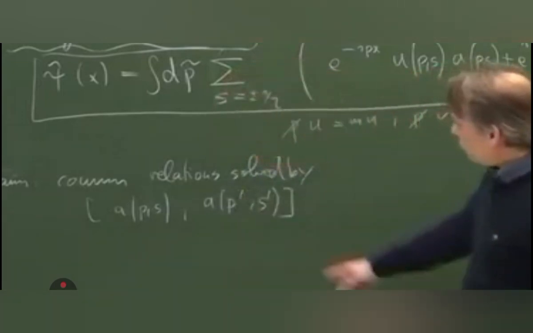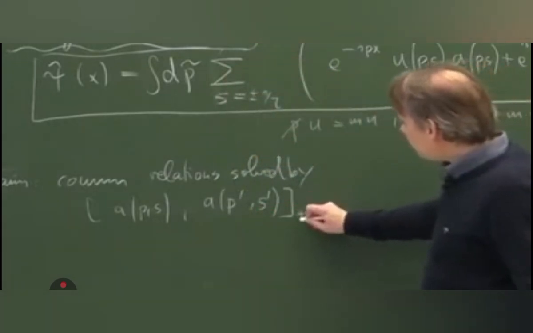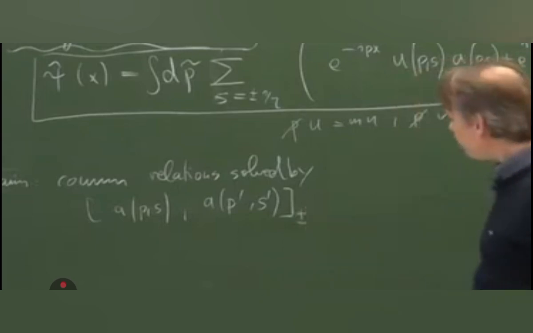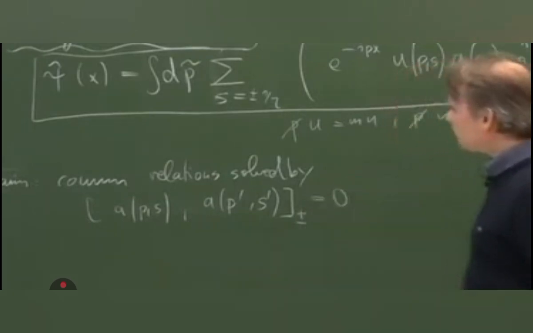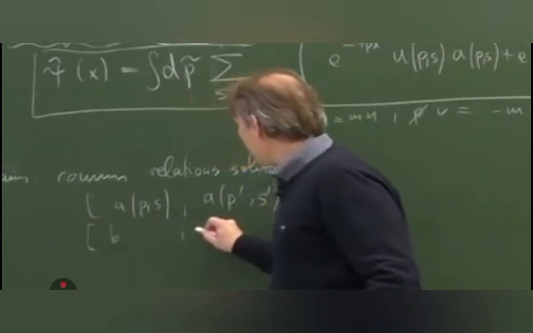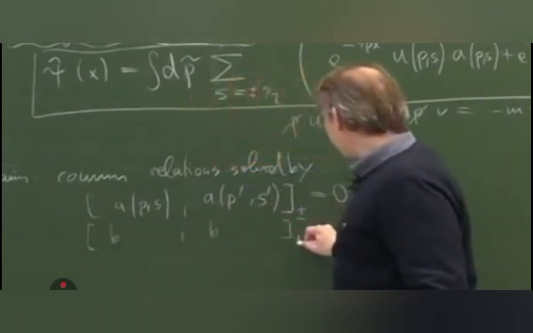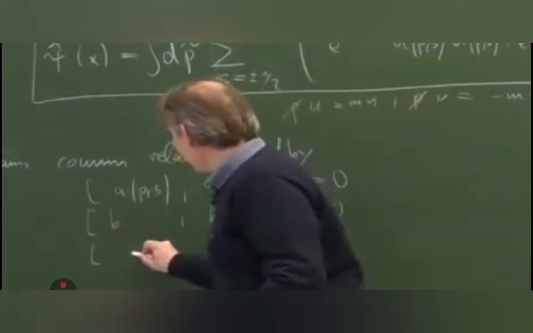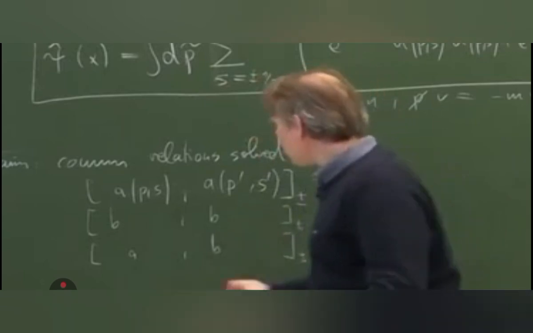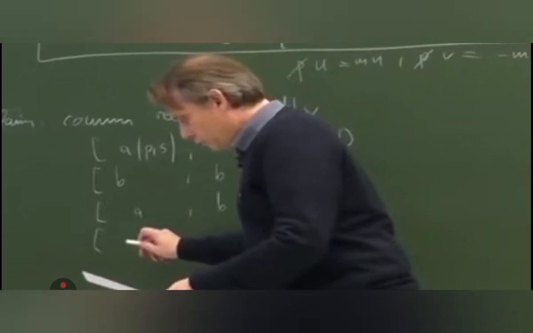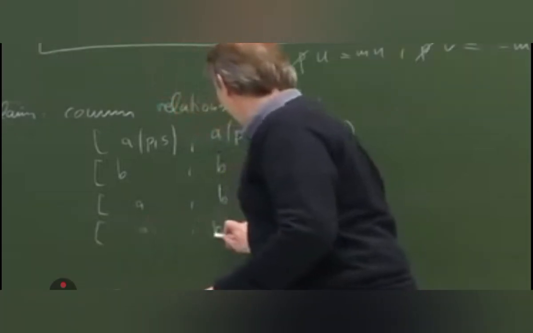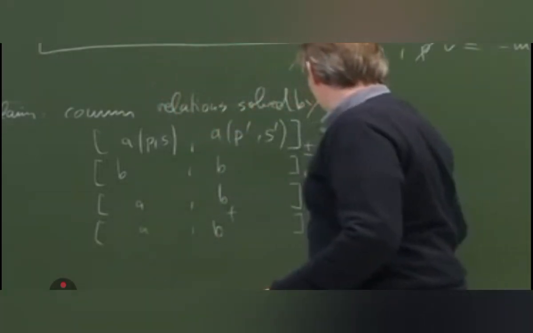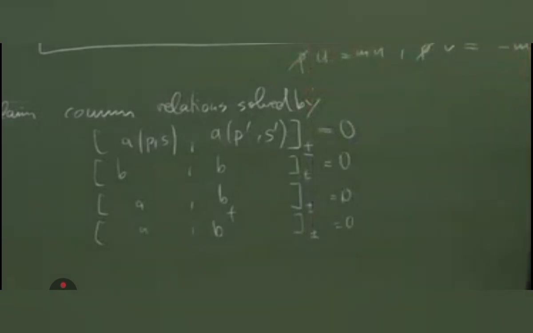So this commutation relation, and again I use the same plus minus as before, that should be 0. And the same is true for the B's. B with B also gives 0. A with B gives 0. And A with B dagger also gives 0. So A and B are completely independent of each other.